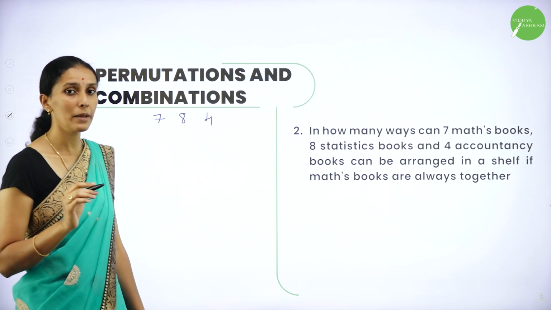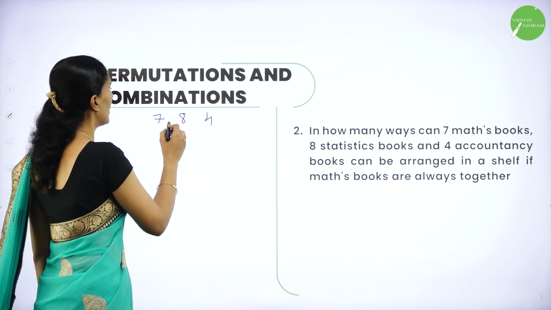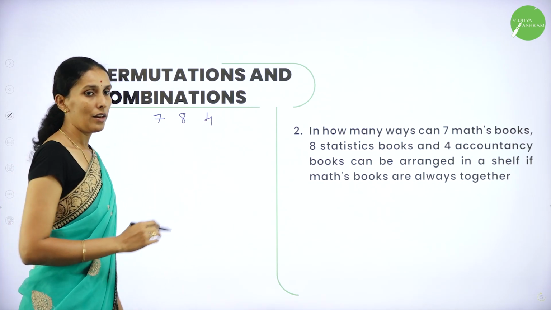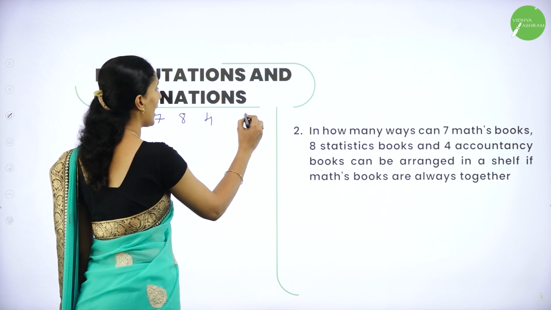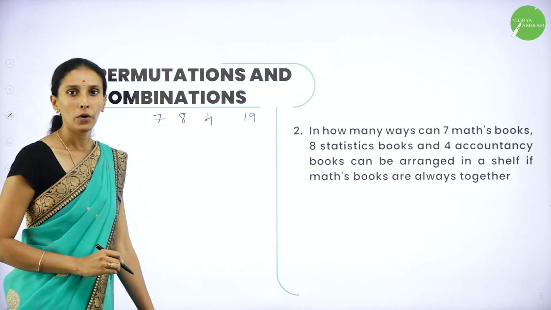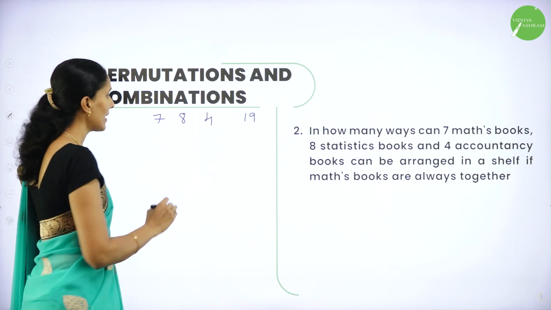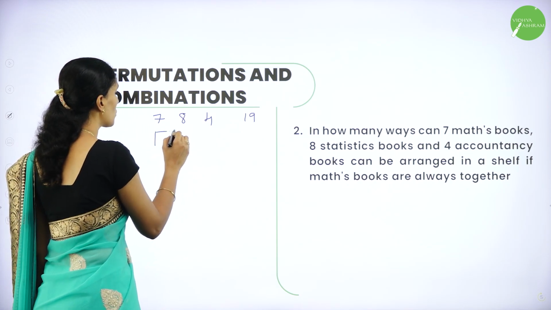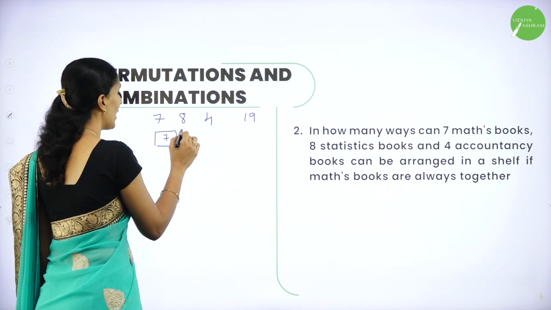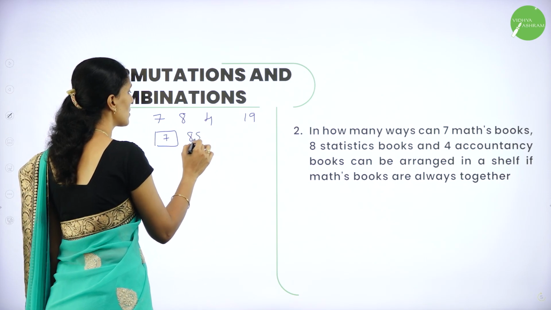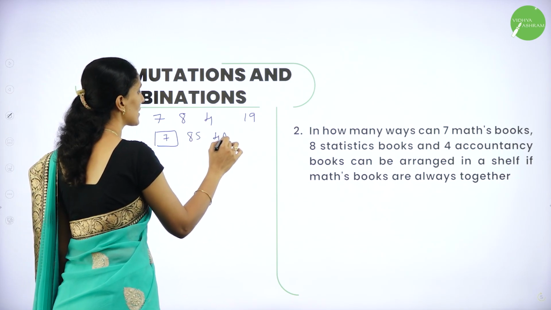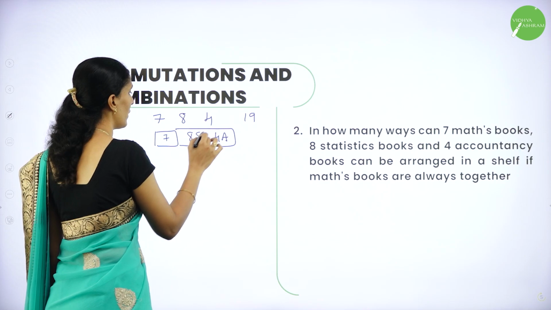So in total, 8 plus 4 is 12, 12 plus 7 is 19 books. But they are asking that the 7 maths books should always be together, whereas the 8 statistics books and 4 accountancy books can be arranged in different ways.